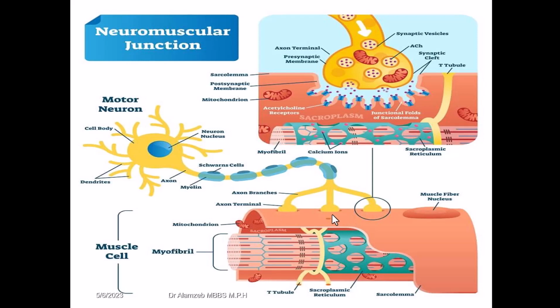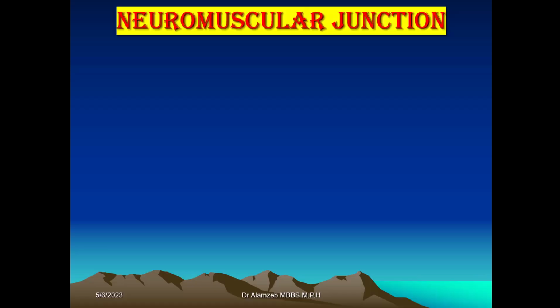This junction is actually between the nerve and the muscle fiber, and the nerve is a motor nerve and it is a myelinated nerve, and at the end its axons branch and they supply multiple muscle fibers.